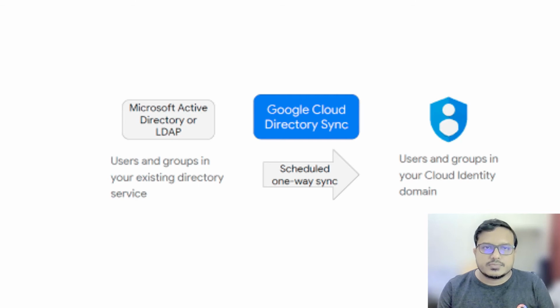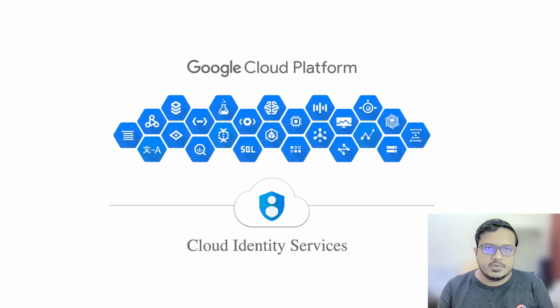Now, let's talk a bit about different roles. The super administrator and the org admin roles. Well, so let's talk about roles in Google Cloud. The super administrator role can be a super admin in Cloud Identity, and the super admin is granted the GCP organization admin role by default. So by default, the super admin is an org admin in GCP.